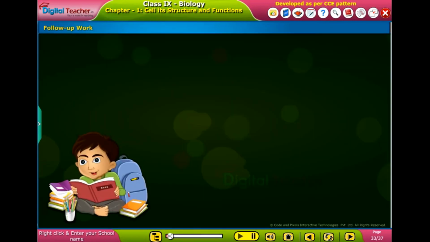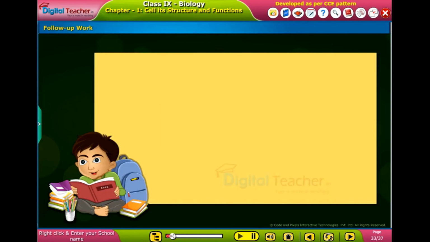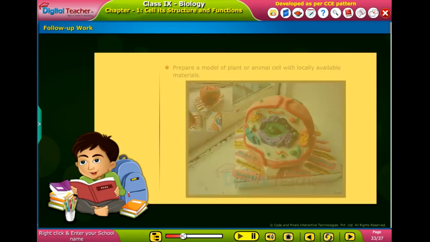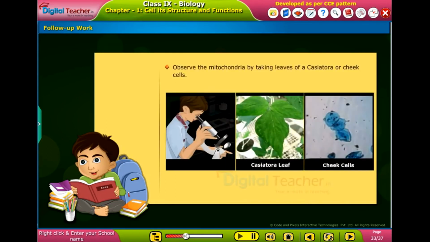Follow-up work. Take up the following activities. Prepare a model of plant or animal cell with locally available materials. Observe the mitochondria by taking leaves of a caseotora or cheek cells.